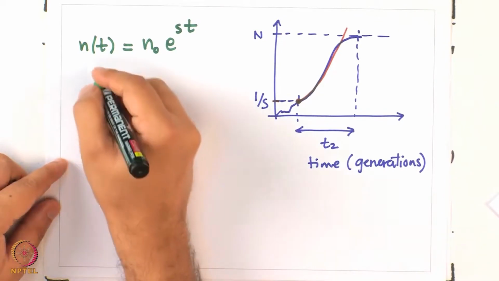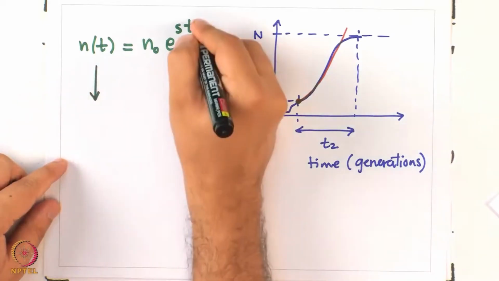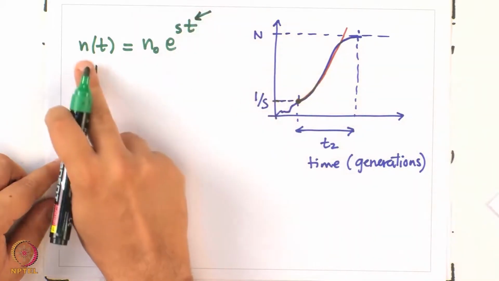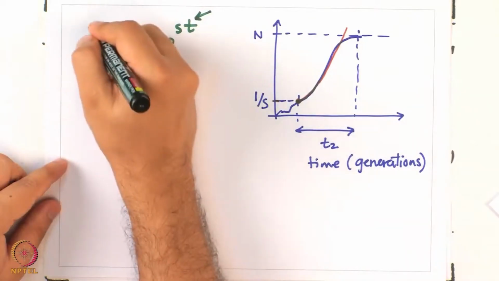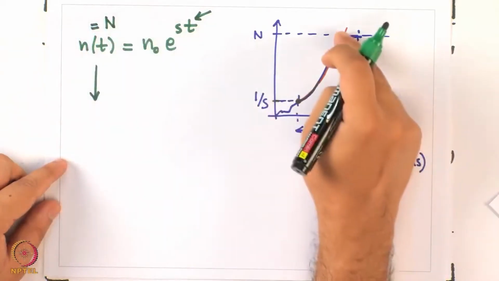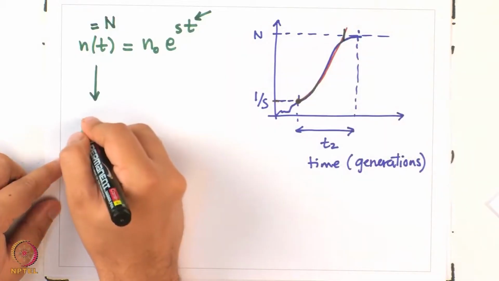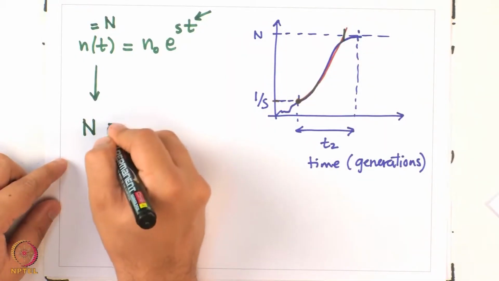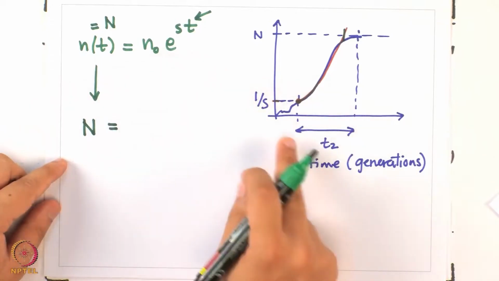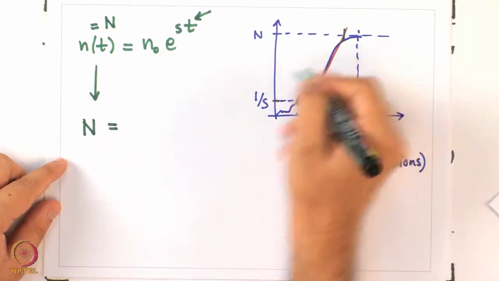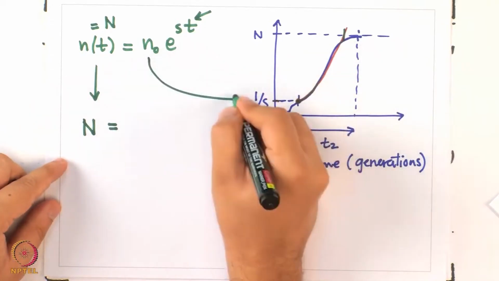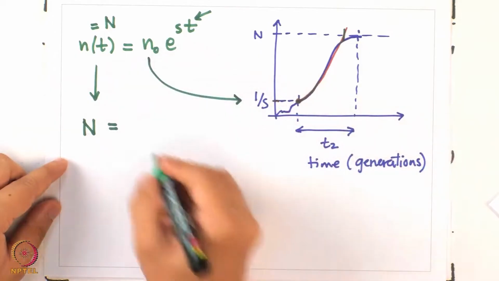In my case, I am interested in finding out the time at which N(t) becomes capital N. So, I am going to plug capital N here. N naught is the starting number of individuals in my exponential curve, and it is easy to see that N naught is just equal to 1 by s.